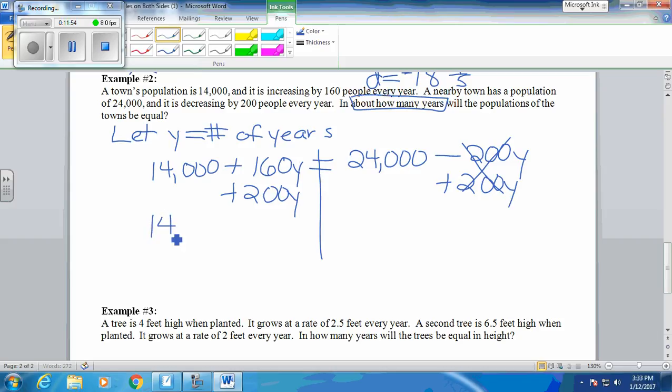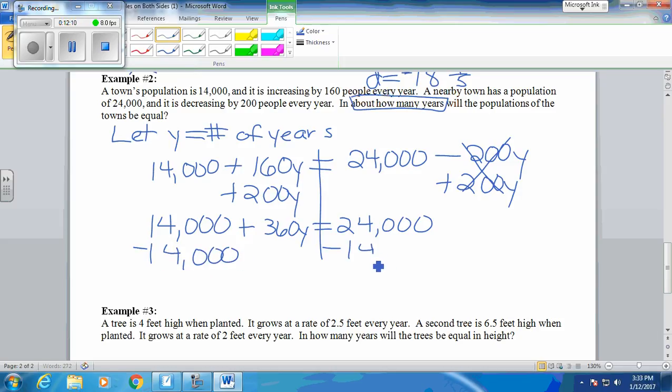So that will give me 14,000 plus 360y equals 24,000. Then I will subtract 14,000, which leaves me with 360y equals 10,000. Divide both sides by 360.